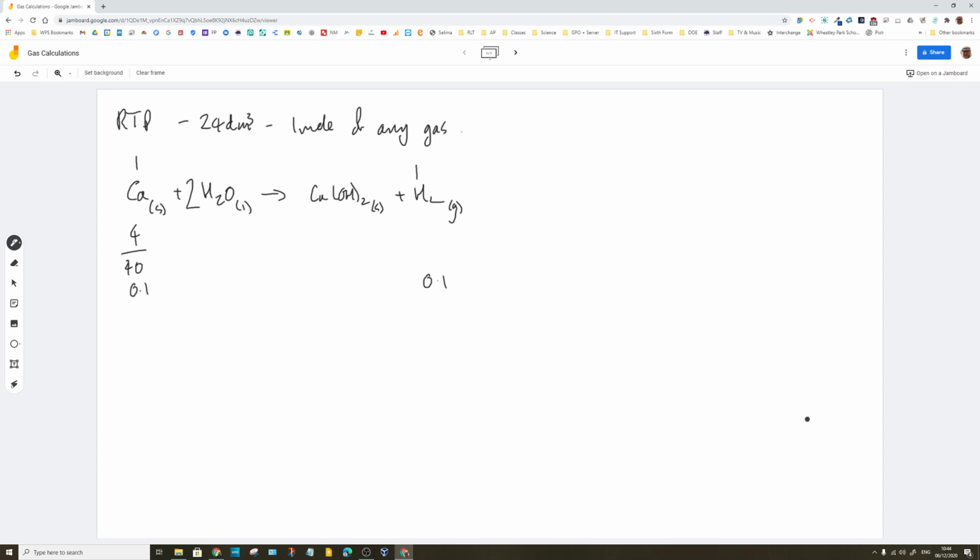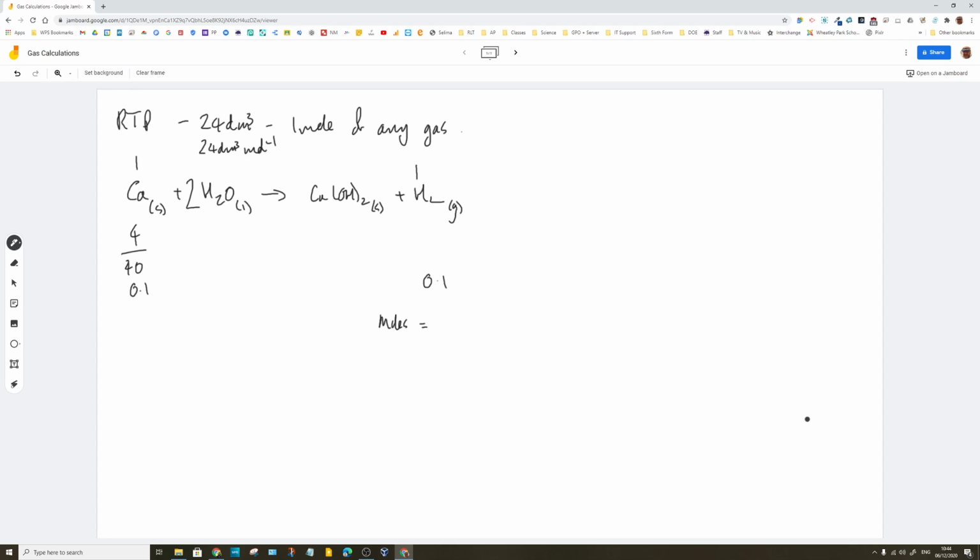Okay, assuming we did this at room temperature and pressure, and this reaction happens spontaneously at room temperature and pressure, you can say that the number of moles of a gas equals, this is the 24 decimeters cubed mole to the -1 if we want to be a bit more correct.